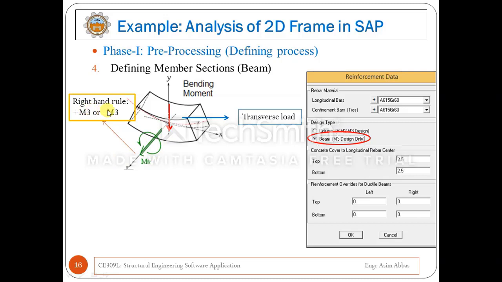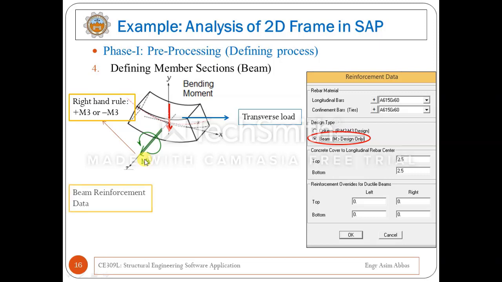If you rotate your fingers in the direction of the bending moment, the thumb will indicate the direction of the bending moment. In this case the direction of the bending moment is in the z direction, and it is called the M3 direction. Fine.